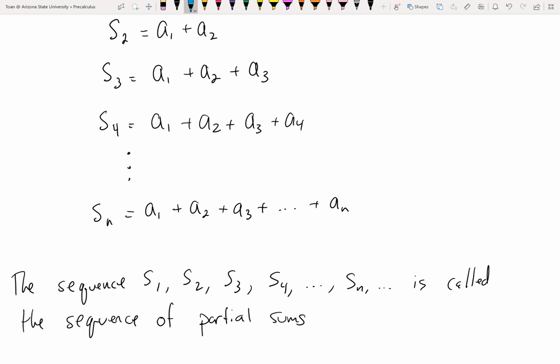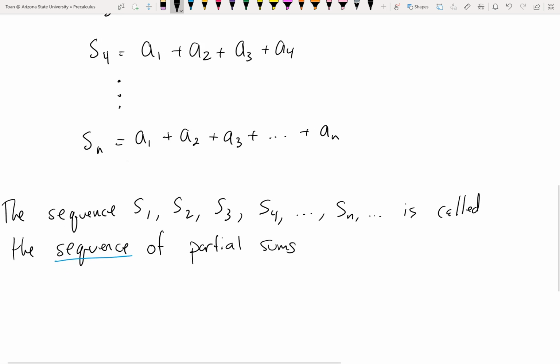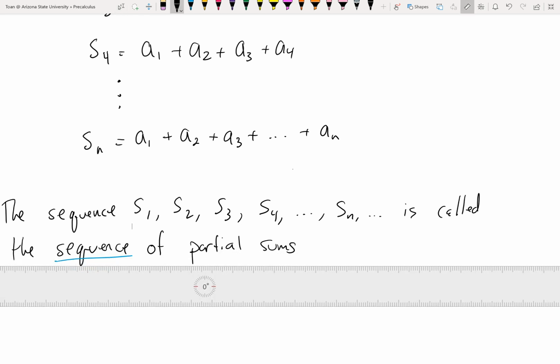Which means, since it is a sequence, we should be able to describe it using an equation, using a formula. So in this section, you're going to be asked to find partial sums and then look at the sequence of partial sums and see if we can figure out a pattern for those.